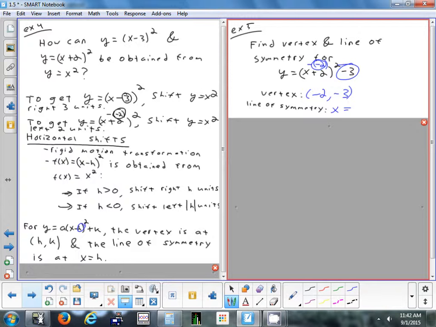And which number should it be, the -3 or -2? -2. Okay, it's always x equals h. In this case, h, or what's inside the parentheses, is -2. So always use that trick. If it's written as a plus, rewrite it as a minus, and then look at the number that comes after the minus sign.